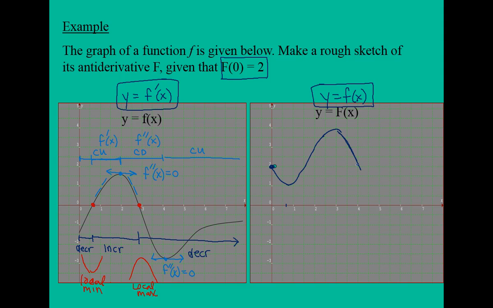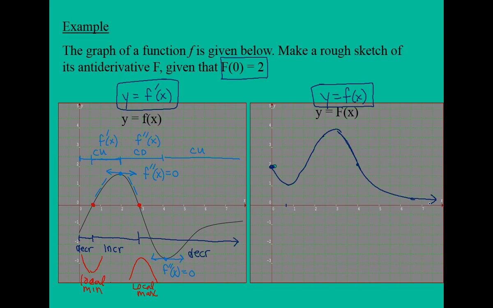We are still decreasing, but our concavity changes to concave upward. We continue to decrease, and we are still concave upward. So that could be a graph of our antiderivative.